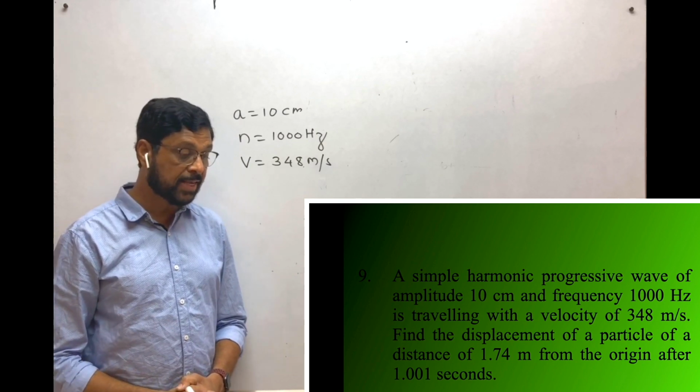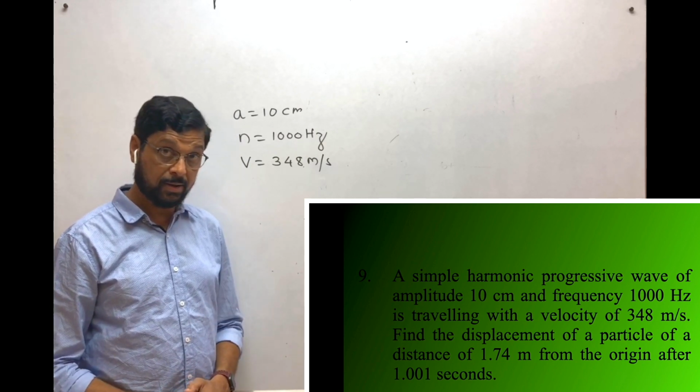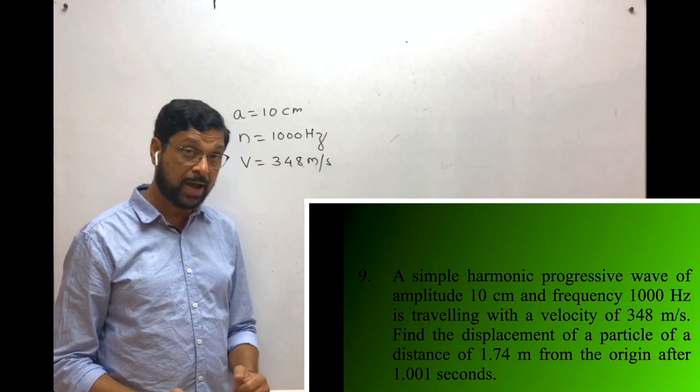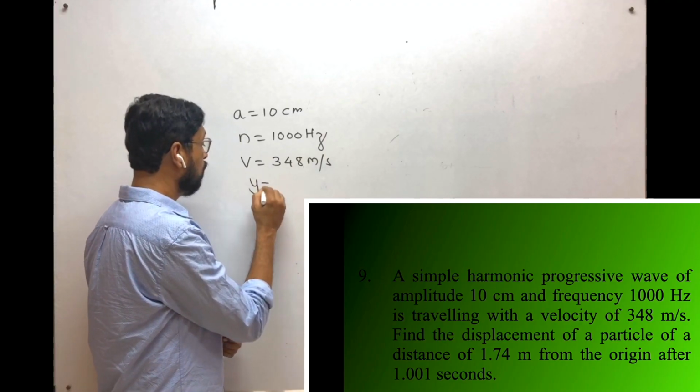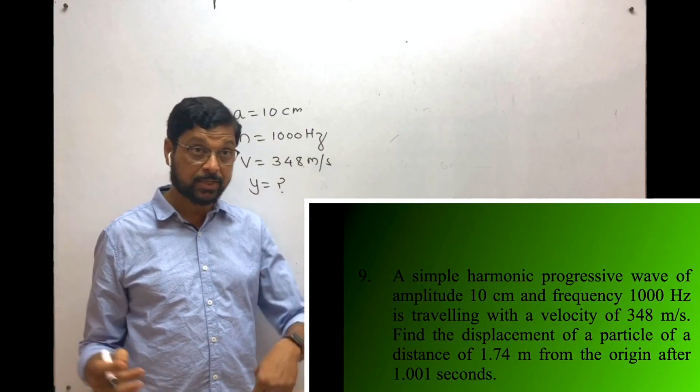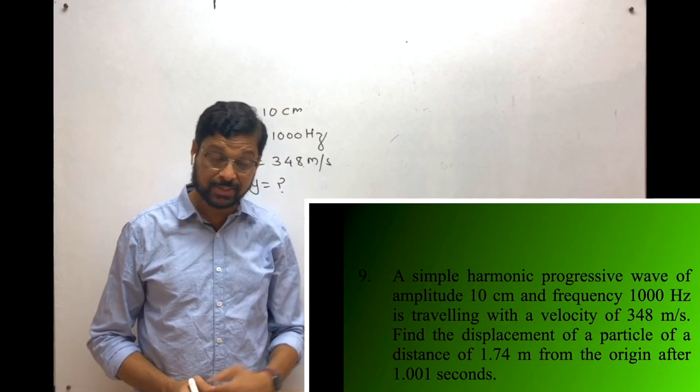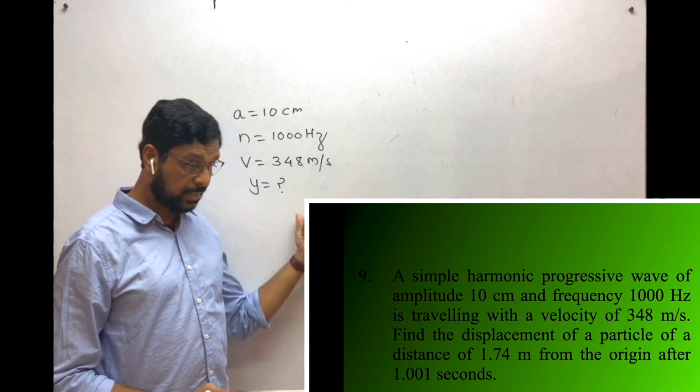Find the displacement of a particle. Displacement of a particle means what? Y. Particle की displacement is shown on y axis. Displacement of a particle, that is y.